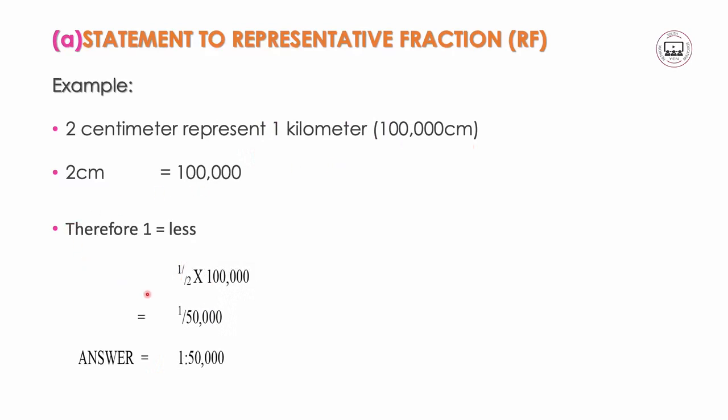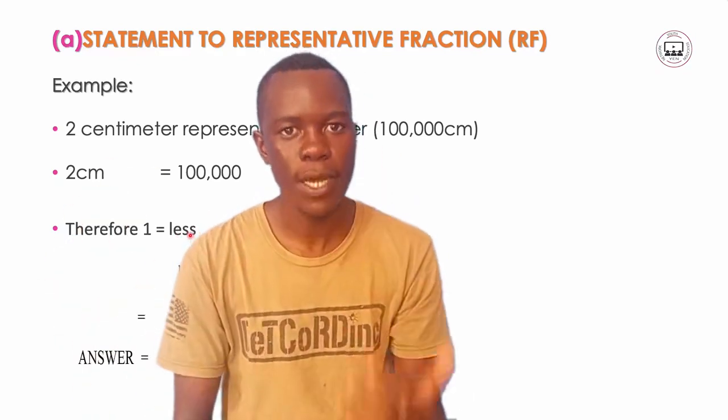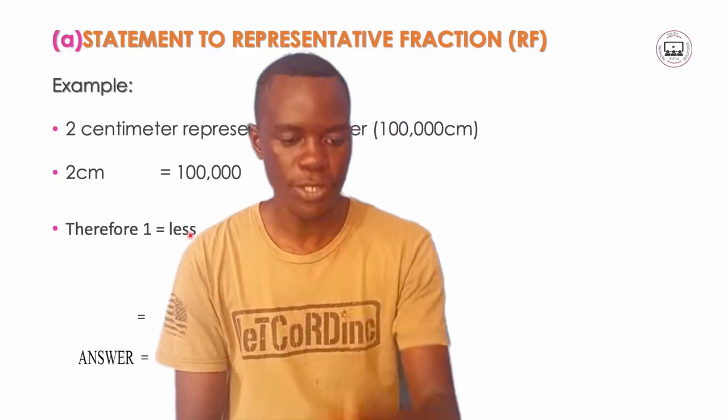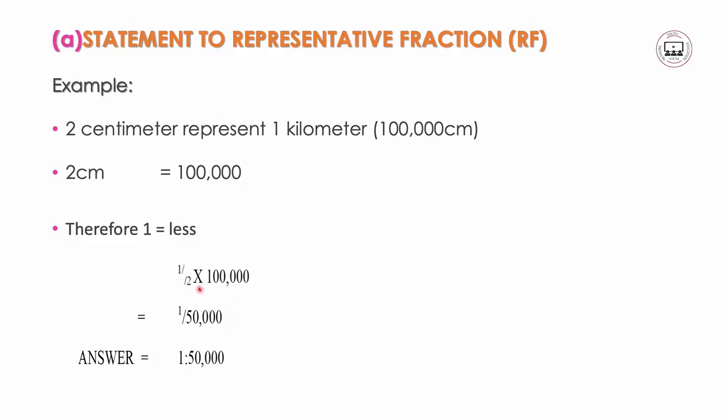So to change this statement scale to a representative fraction, you will say 2 centimeters is equal to 100,000 centimeters. Therefore, 1 centimeter will always equal 1 over 2 multiplied by 100,000.